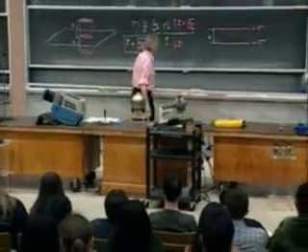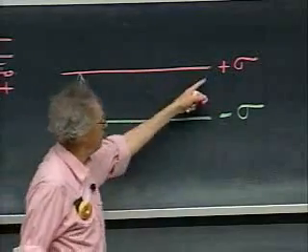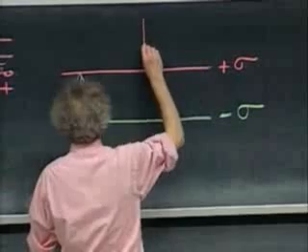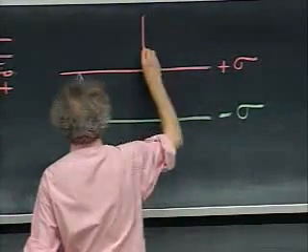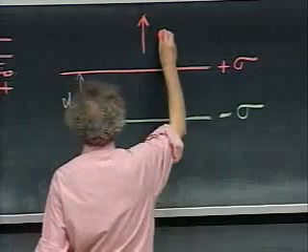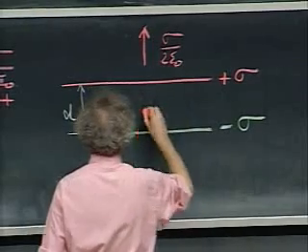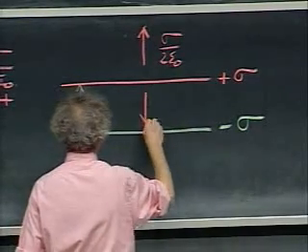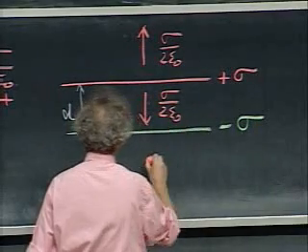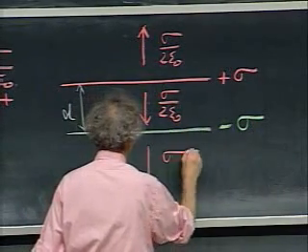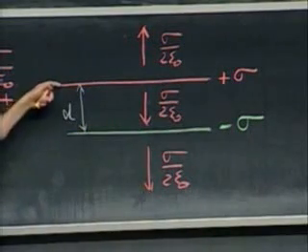I say to myself, aha, this plate alone, forget this one, this plate alone would give me an E vector, oh, stick to my colors, like so, and that is sigma divided by 2 epsilon 0. This one is also pointing away, sigma divided by 2 epsilon 0, and here it's also sigma divided by 2 epsilon 0, because it's independent of the distance to this plate.